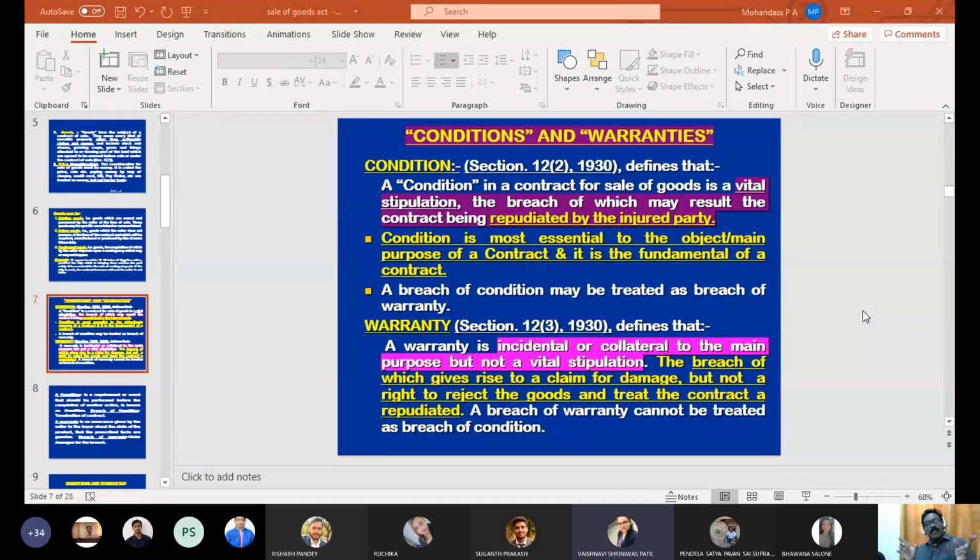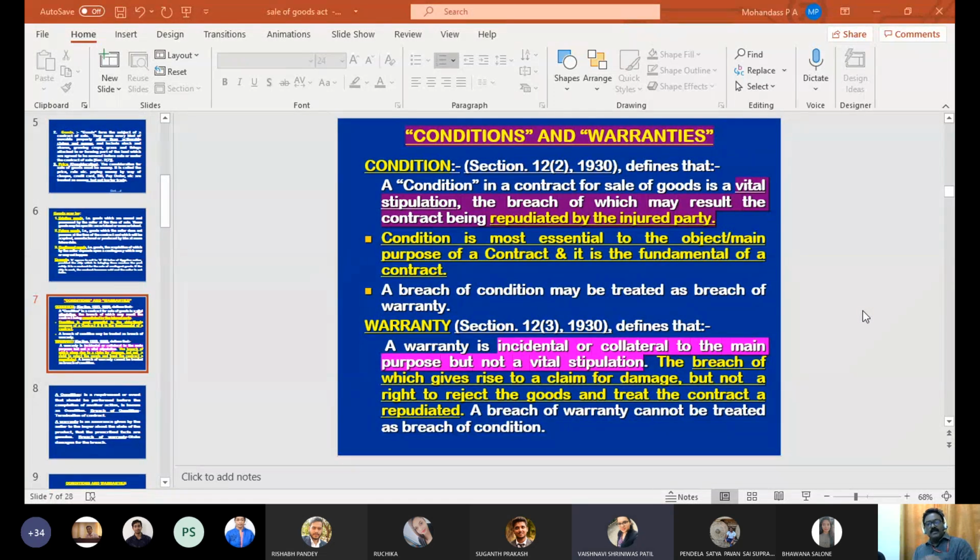It is the backbone as far as the sale of movable goods. If they clearly prescribe the product in totality, that means there is a condition. Any breach of condition, what happens? Can you cancel? Breach of condition means you can cancel the contract itself.